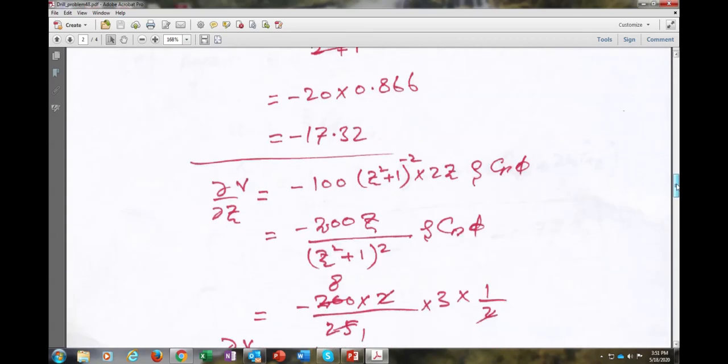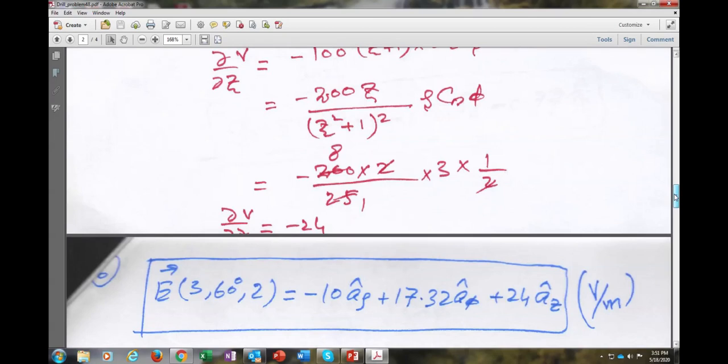Then evaluate the partial V by partial z, or differentiate V with respect to z, and then plug in the values of rho, z, phi. The value of partial V by partial z becomes equal to minus 24.